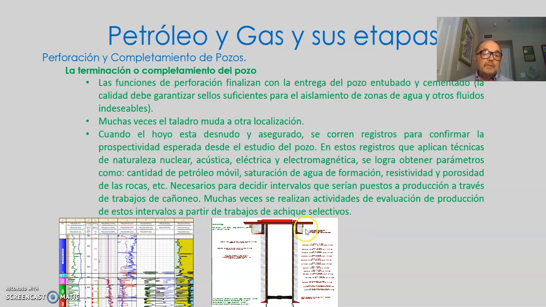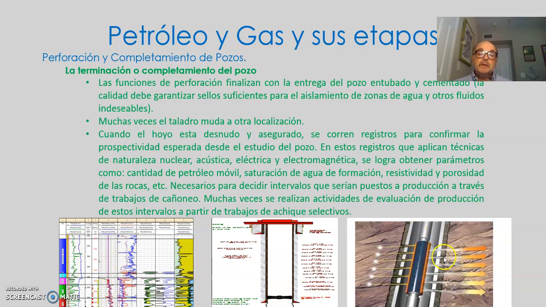So before we run the casing, we do the logs, so the petrophysicists detect the zones that they're going to shoot, the oil zones, or if it's a pilot well, they need to determine where I'm going to navigate, how I'm going to do the horizontal well.